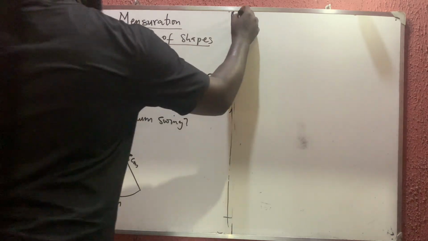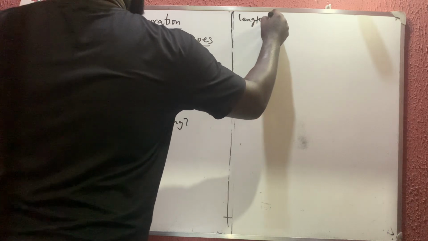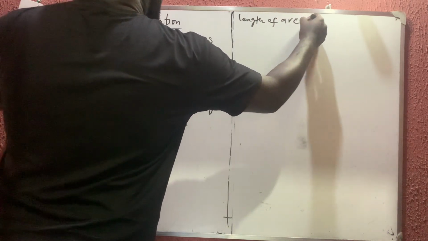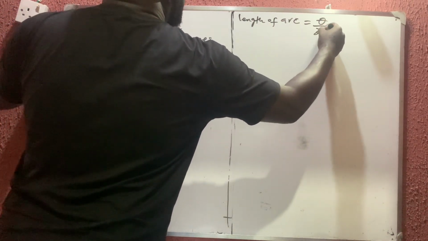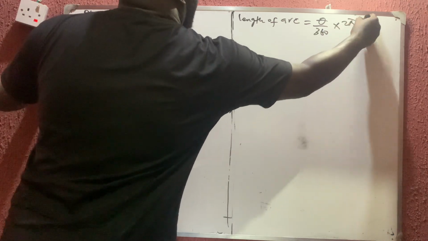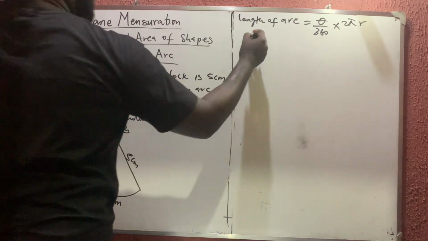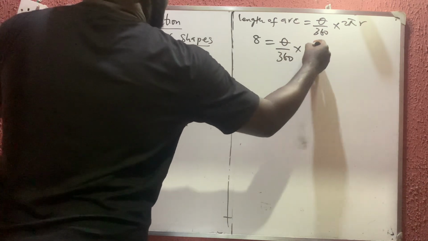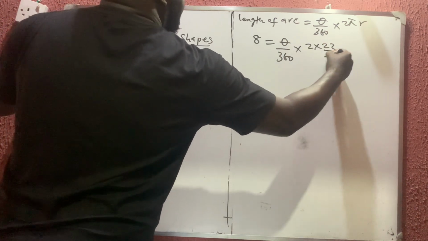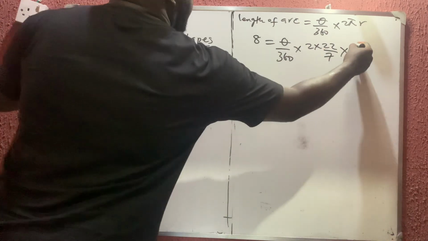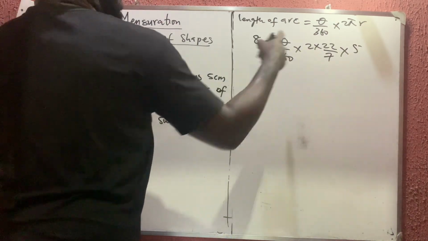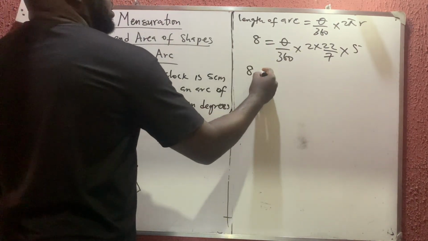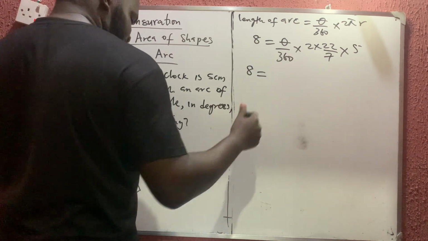So the length of the arc formed is equal to theta over 360 times 2 pi r. So 8 is equal to theta over 360 times 2 times 22 over 7 times the radius, which is 5. The denominator here is always 2520. So 8 is equal to 44 times 5.